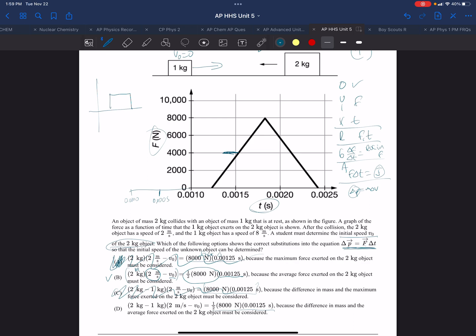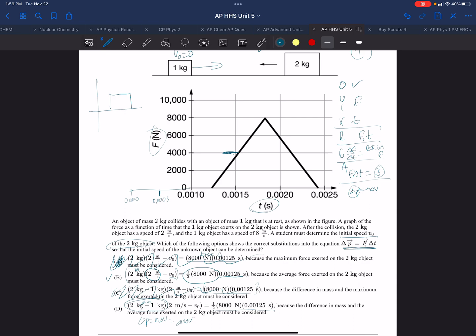And if we look at the first one, we've got a difference in mass. This is delta m, the difference in masses, which is not something we would do because we're looking for the change in momentum of the 2 kilograms. So delta P is m delta v, not delta m delta v.